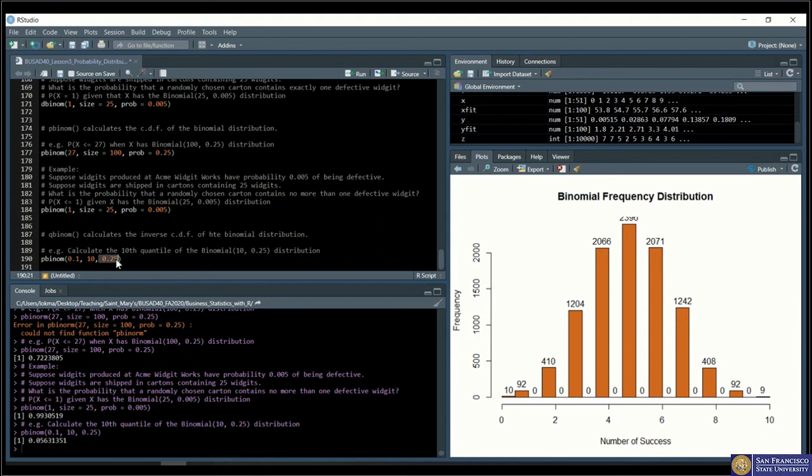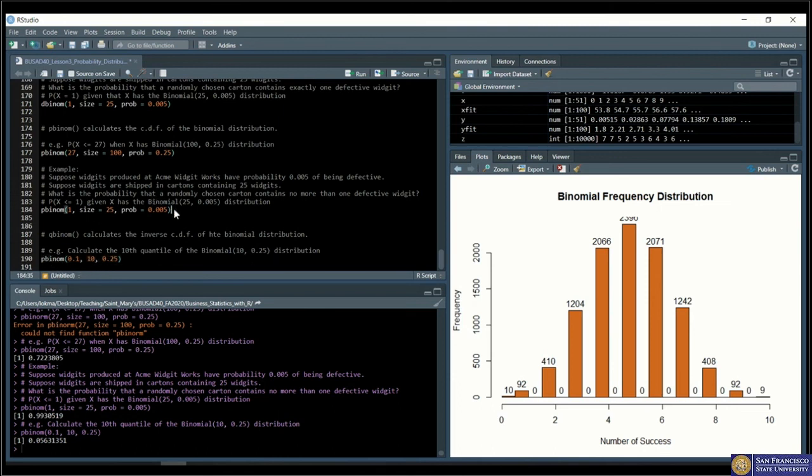And this 0.056 is very far to the left-hand side of that central point, which makes sense because 10% is a very small probability. The left-hand tail only has 10% of the density, so the number should be very far from the mean on the left-hand side. Again, the Q binomial function returns a location.